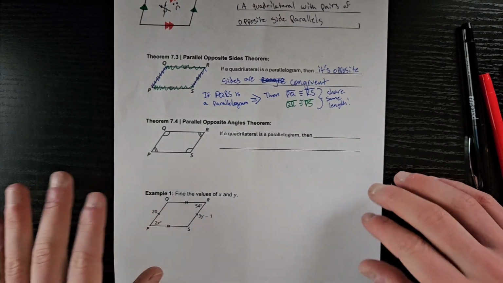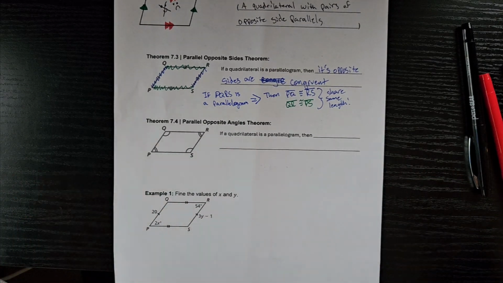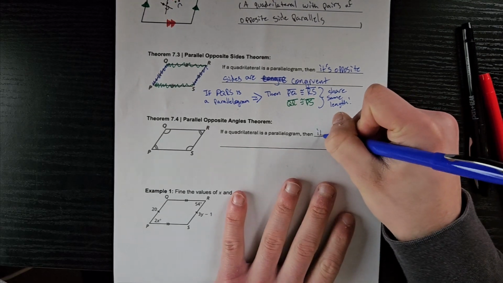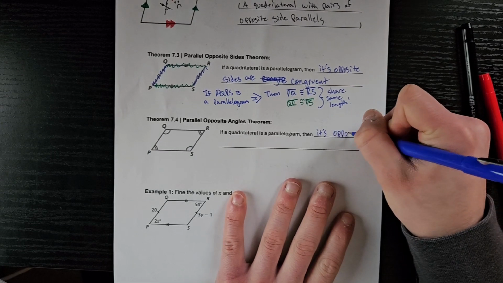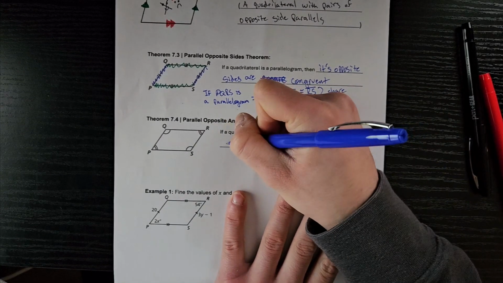7.4 is the parallel opposite angles theorem. That one states that if a quadrilateral is a parallelogram, then its opposite angles are congruent.